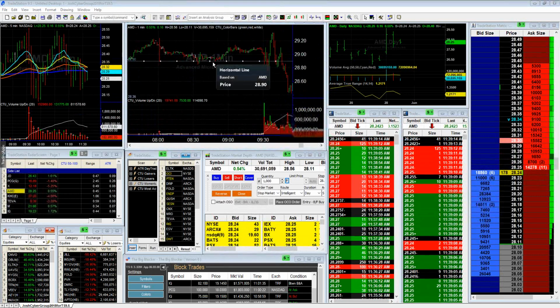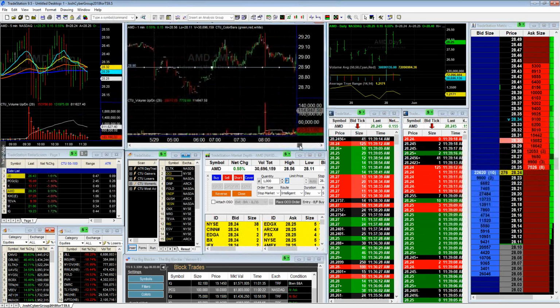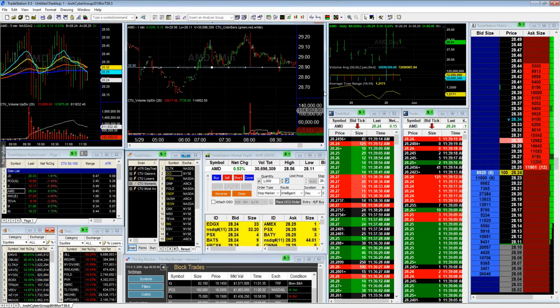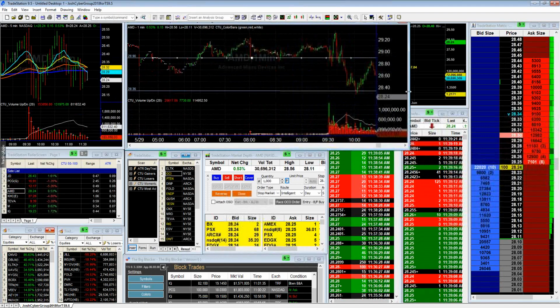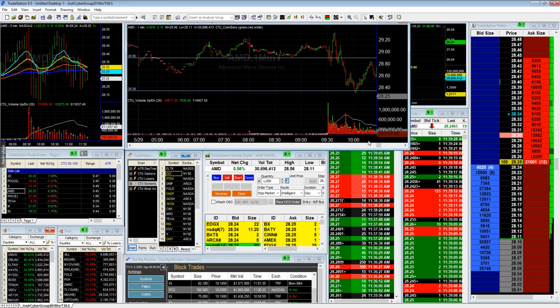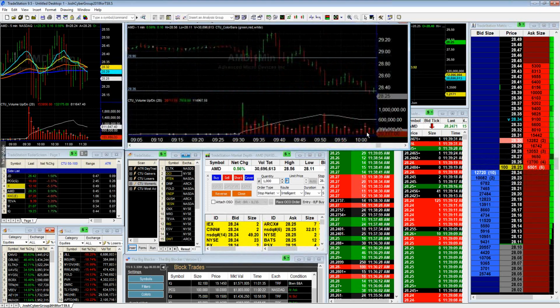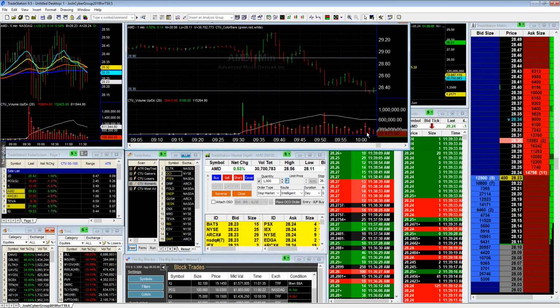AMD was holding support on the chart fairly well around 2890 this morning, yesterday. You'd figure if AMD breaks below 2890 with big volume on time and sales, it's likely to make a pretty strong move down.